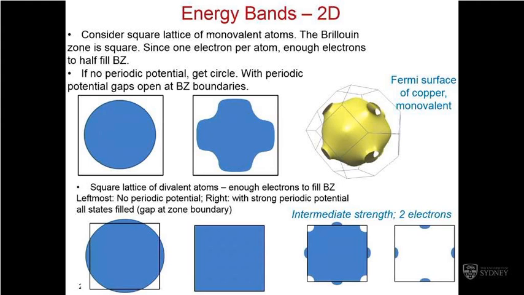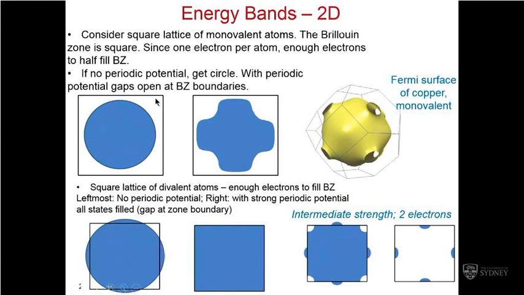Okay, now if you have 2 electrons in your system, and we just have the one band, then your band is going to be filled to the brim, basically. So here your Brillouin zone will be completely filled in comparison to this situation where your band is only half filled.